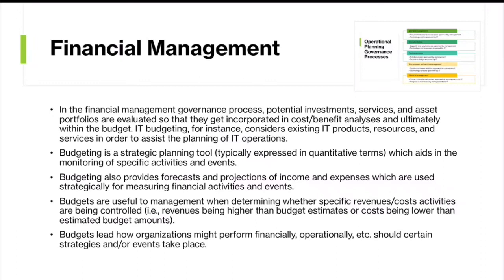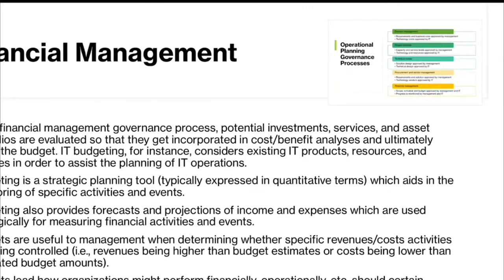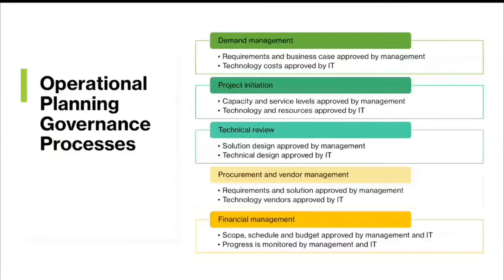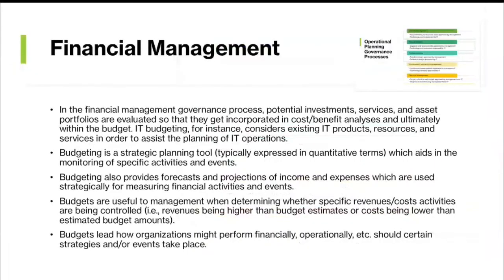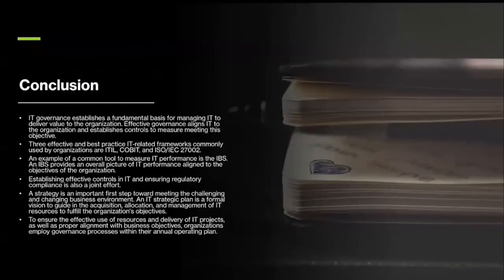Budgets show how organizations might perform financially, operationally, etc., should certain strategies or events take place. So that completes the operational planning governance process, and also wraps up the IT governance and strategy module.